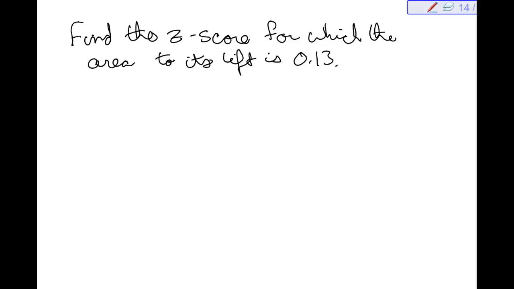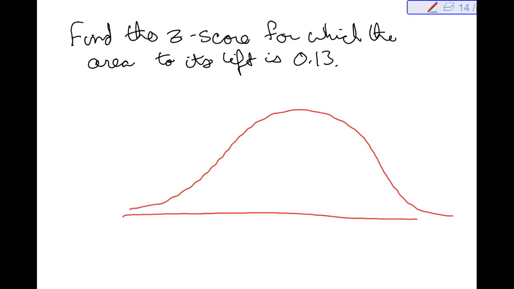So this time I'm given the area and I want to find the z-score. So if I draw my curve, I know that this is going to be 0. So if it's 0.13, I know that it's going to be somewhere over here because it's less than half. So this is 0.13. And I'm going to put 2 zeros on the back end because our z-table always gives us area in 4 decimal places. I need to find the z that goes along with that.